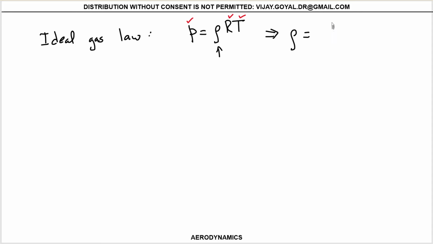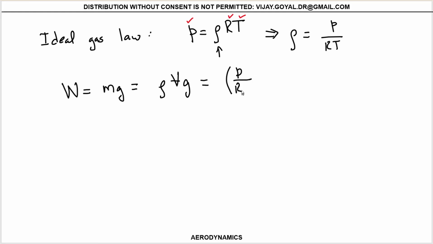Now my rho is equal to P over RT. So my weight W becomes mass times G, which is density times volume times gravitational constant, and this becomes pressure times volume times G over R times temperature.